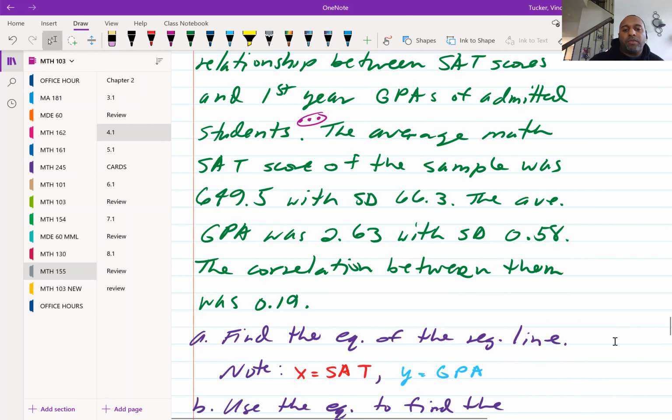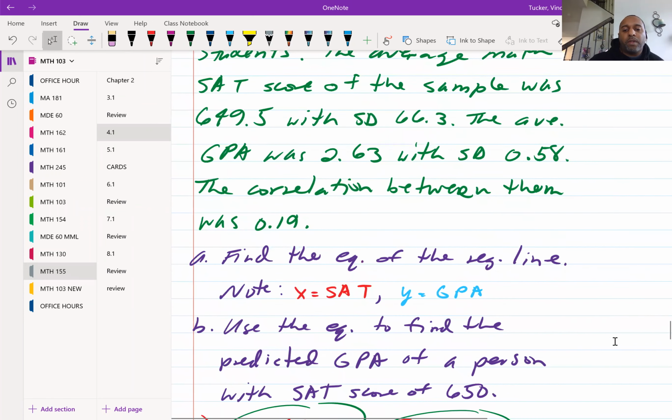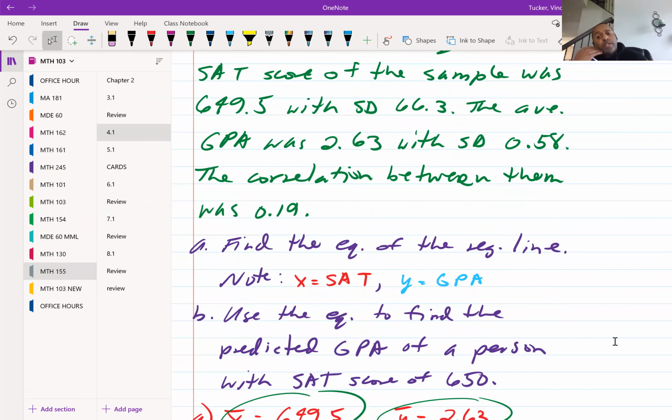All right, done with the green. Can I scroll up more? All right, and then use the equation to find the predicted GPA of a person with SAT score of 650.